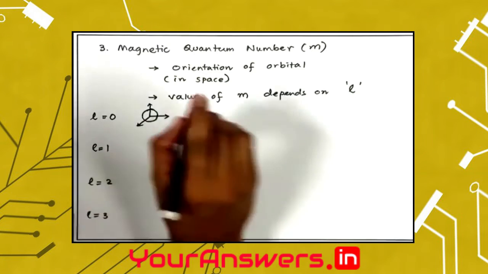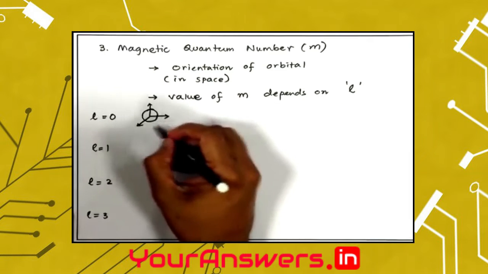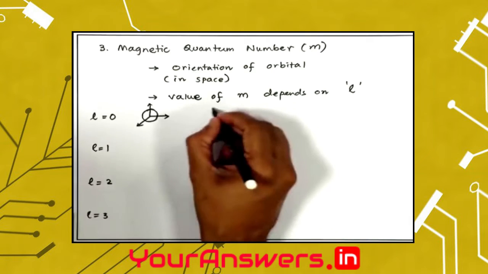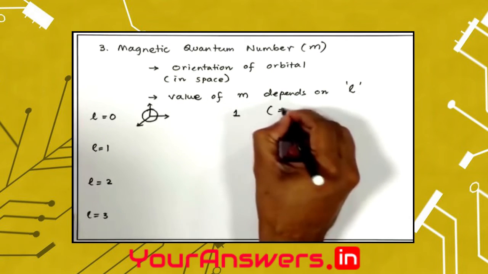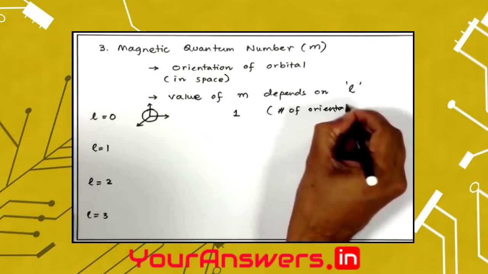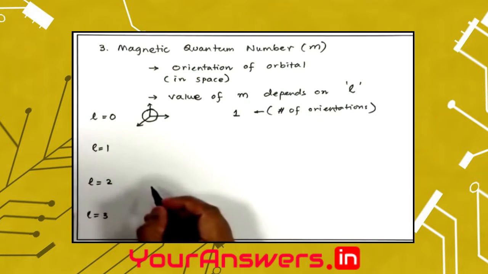So, there is only one way that this s orbital can be oriented. So, the number of orientations possible for s orbital is 1.